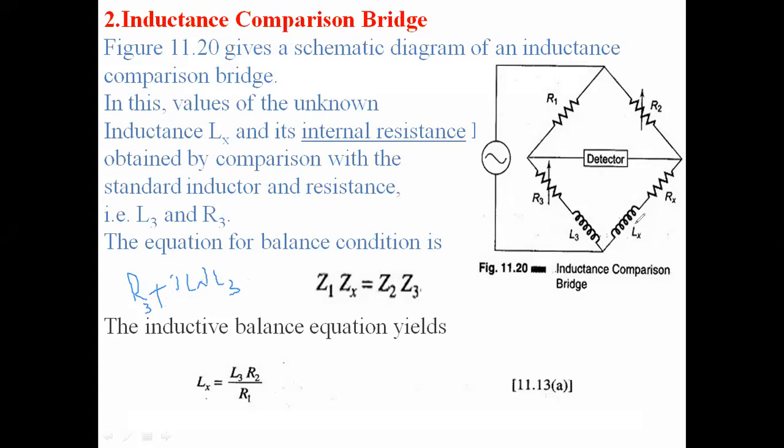In place of the unknown, Z4 is represented as Rx plus j omega Lx. Substituting in the balancing equation, Z1 equals R1, Z2 equals R2, Z3 equals R3 plus j omega L3, and the unknown inductance is determined by Z4, that is Zx, which equals Rx plus j omega Lx.